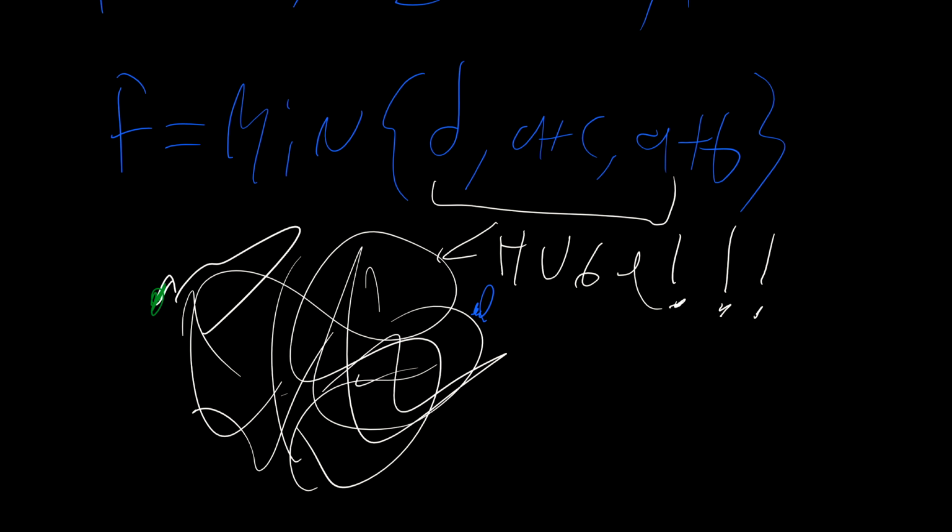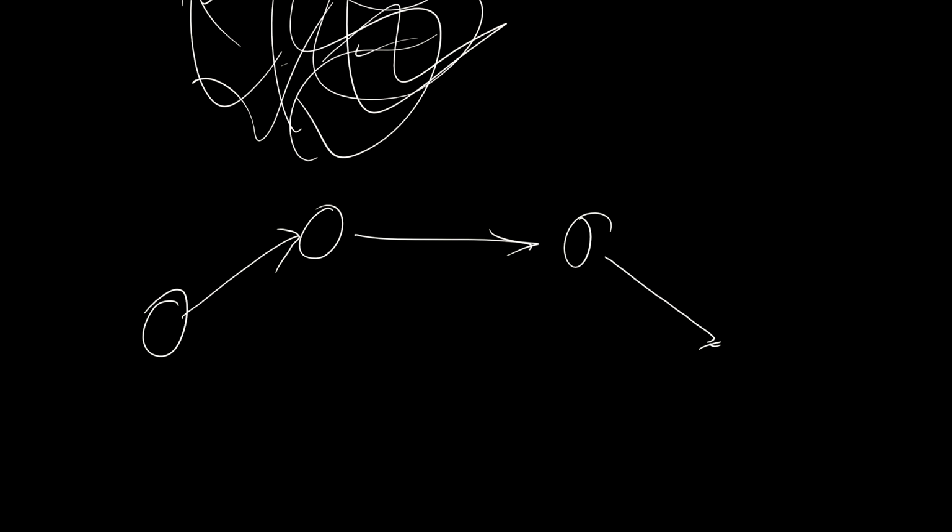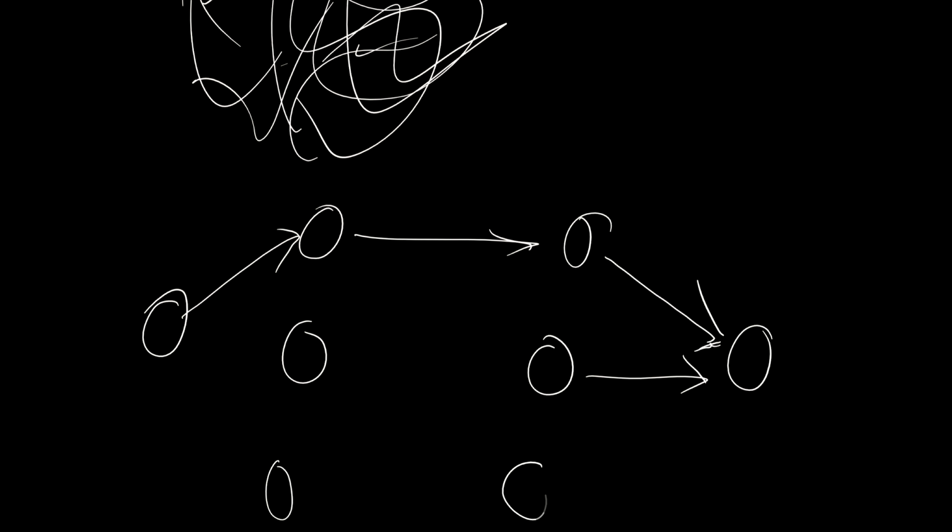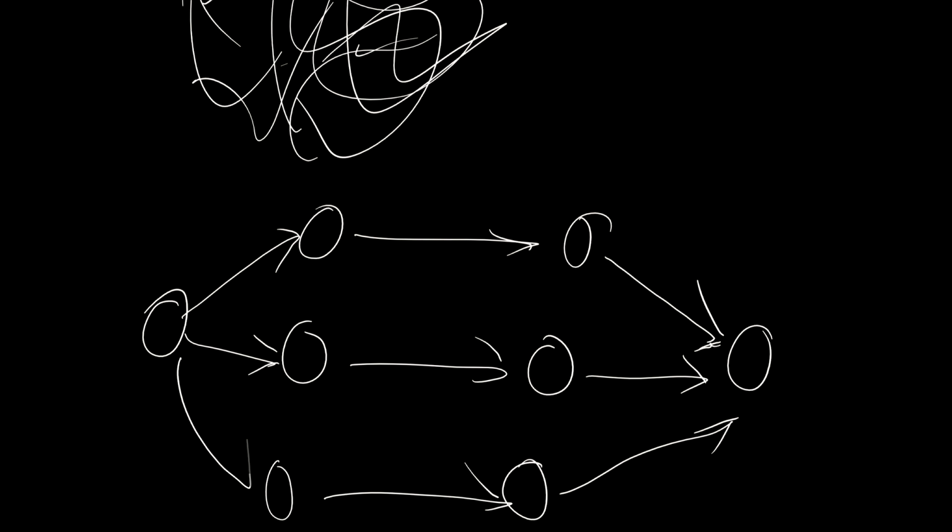In fact, let's go ahead and look at an example where the set of minimal cutsets is very, very large. All right, how many minimal cutsets are there? Well, you need to take one of these three, and one of these three, and one of these three. So you have 3 choices times 3 choices times 3 choices.